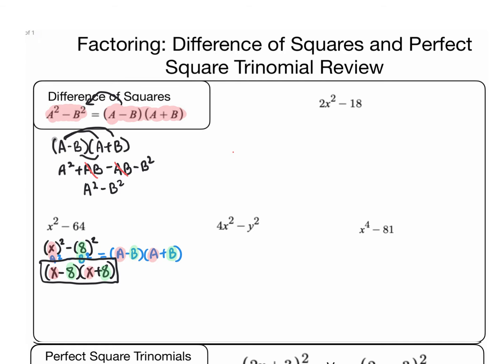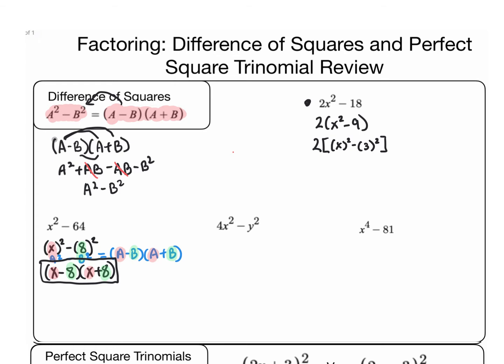Sometimes the difference of squares needs to be set up a little bit. For example, with this one, as it stands, it wouldn't be a difference of two squares. However, I notice that I can factor a 2 out, like so. Now I have 2 times x squared minus 9. I can rewrite that as 2 times x squared minus 3 squared, because I can rewrite the 9 as 3 times 3.